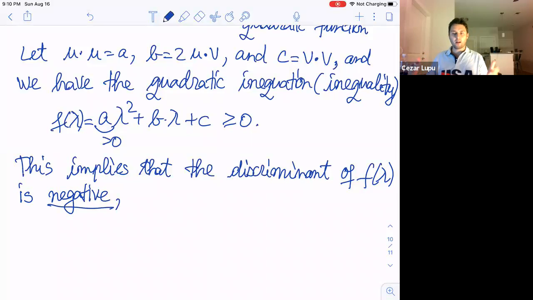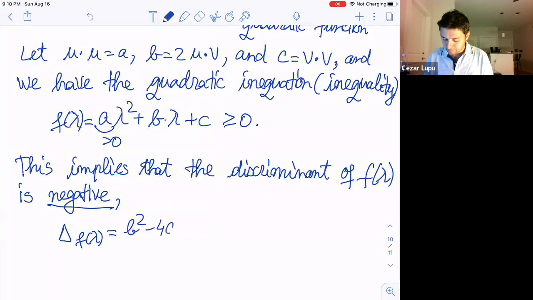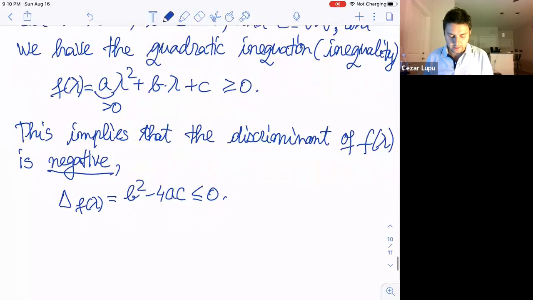This is just basic algebra from the quadratic equation. In other words, the delta of f lambda in this case will be, well, usually it's b squared minus 4ac, which is not positive. Once we translate this, or equivalently, b squared is less than or equal to 4ac. Okay, great.